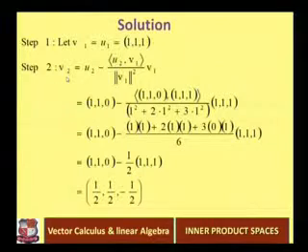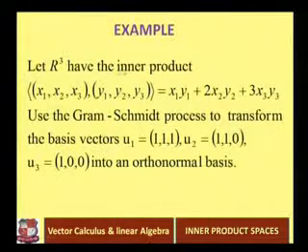For v2 and v3 we go to step 2: v2 is equal to u2 minus inner product of u2, v1 upon norm of v1 squared into v1. Put the value of u2. Here we use the given function.